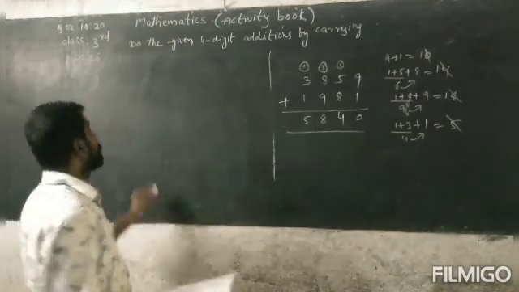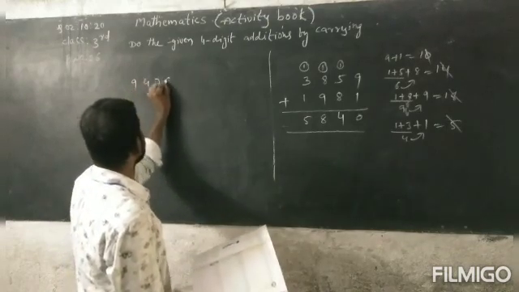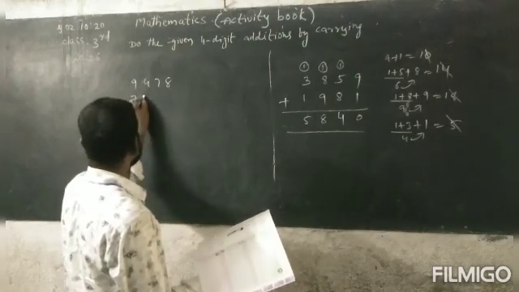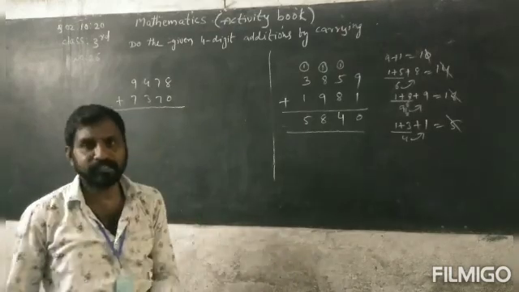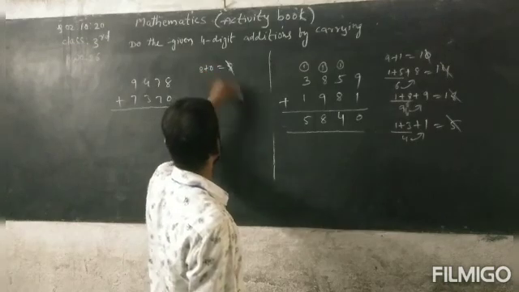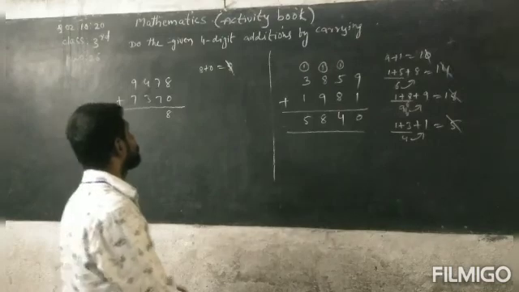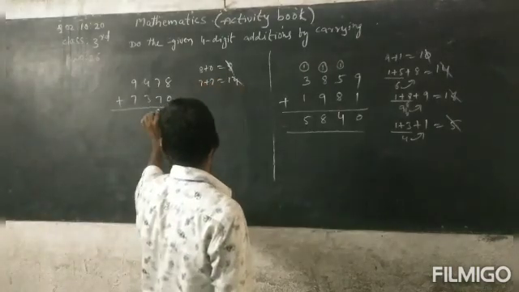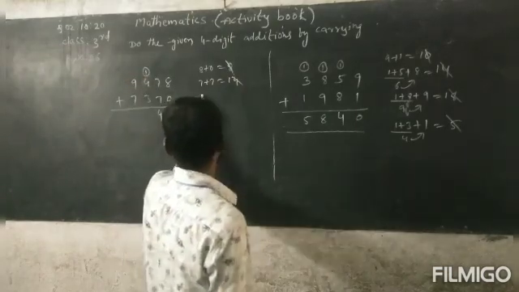Next, 9,478 plus 7,370. 8 plus 0 is 8. Write it under the ones column. Next, 7 plus 7 is 14. 4 is taken and written under the tens column, and 1 is carried to the hundreds place.